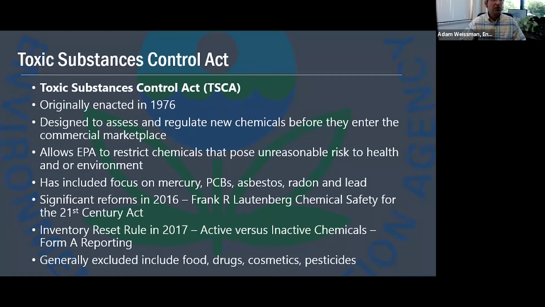It really allowed the EPA to restrict certain chemicals that would be viewed as posing an unreasonable risk to human health or the environment. The typical traditional focus of the TSCA program has been, obviously, folks have heard about the focus on PCBs, but also asbestos, radon, and lead.